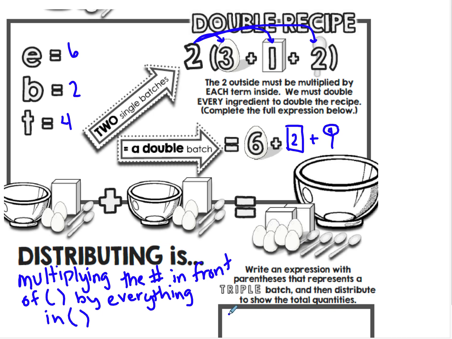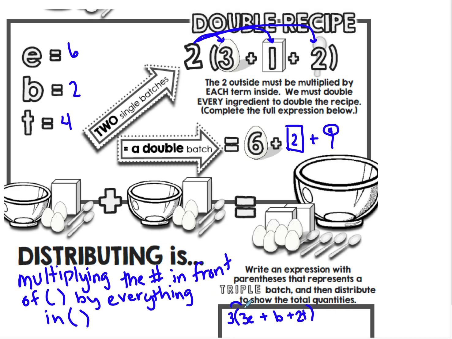Okay, so my triple batch would be 3 times, and then these things that are on the inside, this is my eggs, my box, my mix. So 3 times 3 eggs, I'm going to use E here instead of my picture, and 1 box, so I'm just going to write B for the box, and then 2 teaspoons, so I'm going to do 2T.